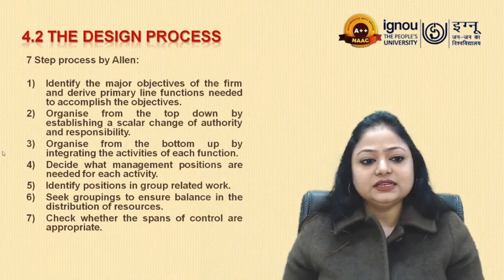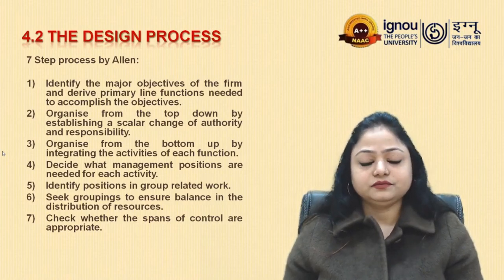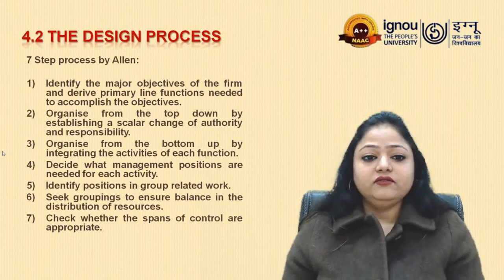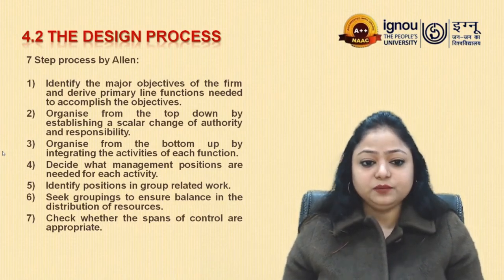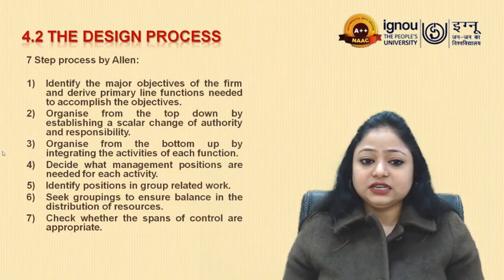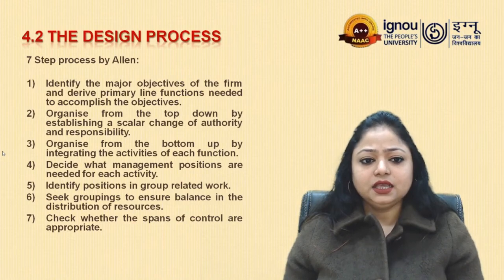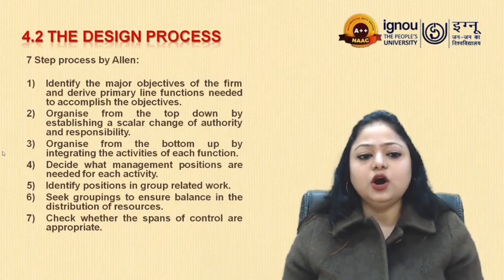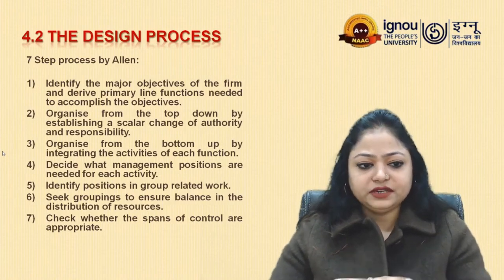Then the third one is organizing from the bottom up by integrating the activities of each function. Whatever positions or authorities we have assigned to the job positions, first it will come from top to down, the chain of command, and then the relationship of responsibility goes from bottom upward.